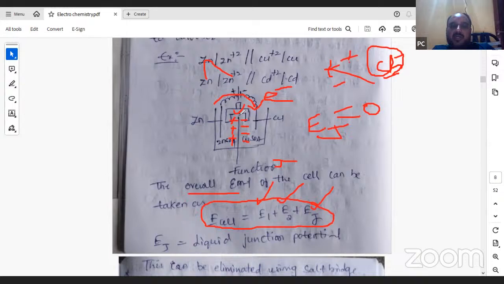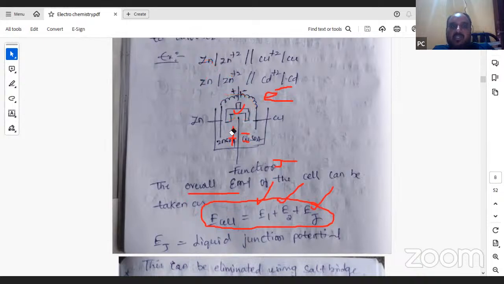Like that, wherever any negative charge is found at the junction, the K plus ions will move and neutralize it. Therefore, the potential will be zero at the junction. With the help of the salt bridge, we can neglect the liquid junction potential, right?